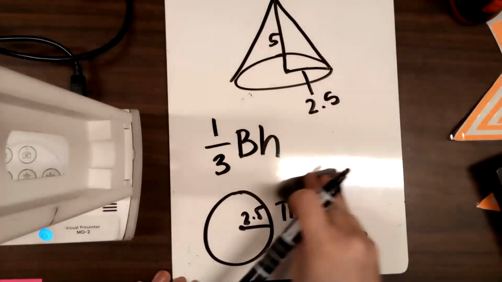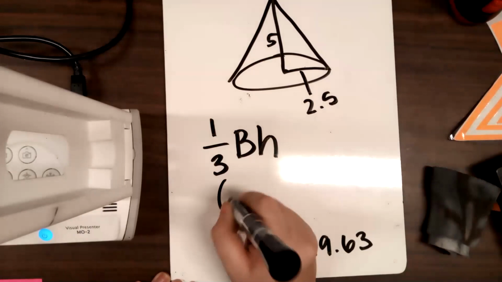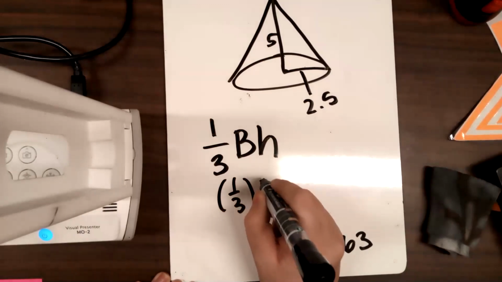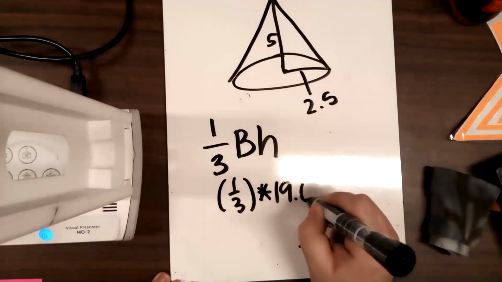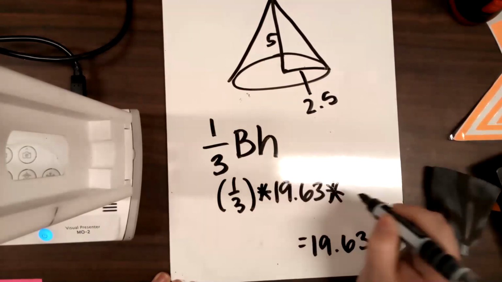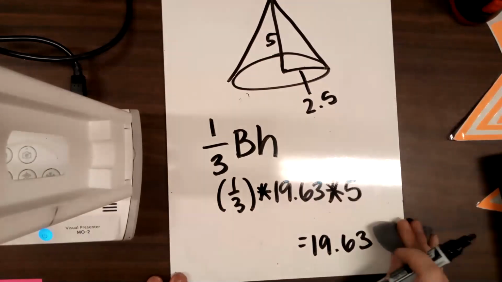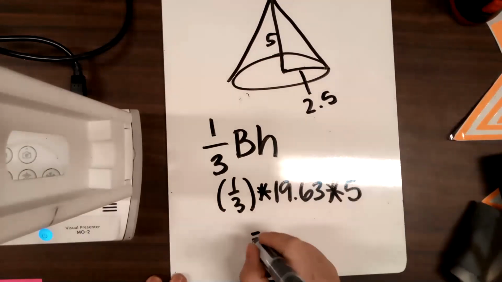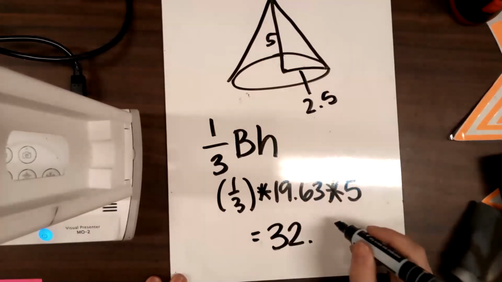I'm going to erase this just to get it out of my way. So in your calculator, you're going to type 1/3 times 19.63 times 5. Okay, and you should get as your answer 32.72.